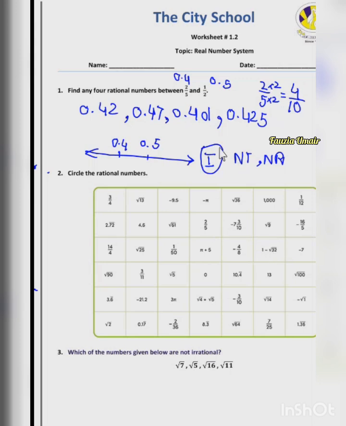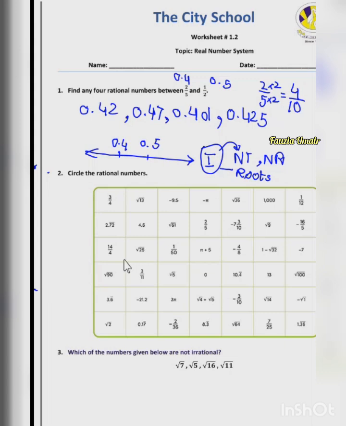So those are irrational numbers. Then what else is irrational? All the roots which are non-solvable. What kind of roots are irrational? Which are not having a perfect square or cube number.